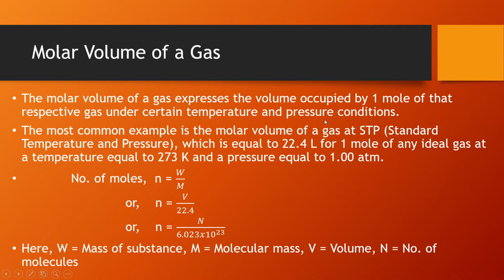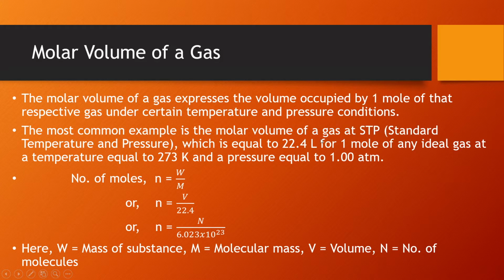So STP stands for standard temperature and pressure. At STP the volume of a gas or a substance is equal to 22.4 liter for 1 mole of a substance, and temperature will be 273 Kelvin, that is 0 degrees Celsius, and the pressure will be 1 atmospheric pressure.